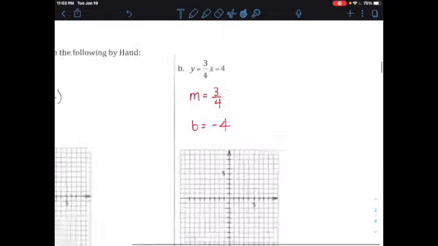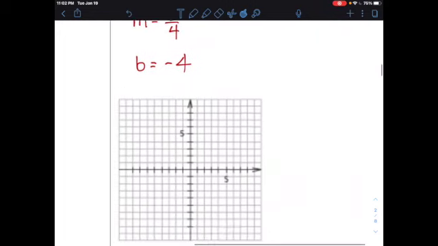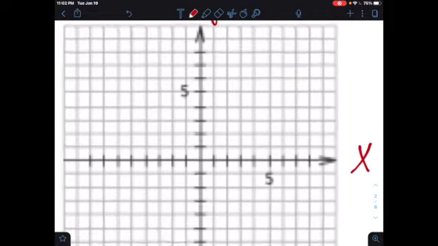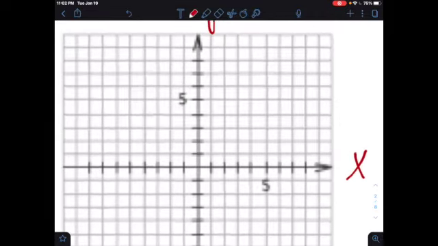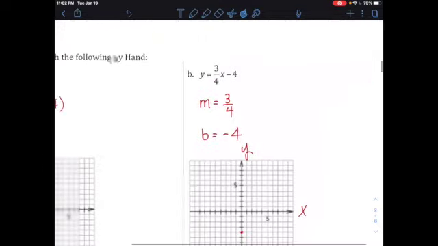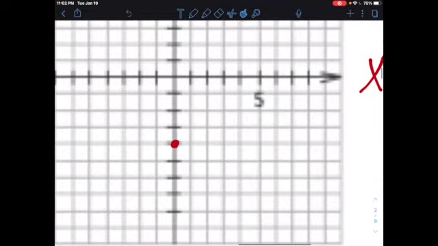And once you do that, you can pretty much say, hey, this is the x-axis, and that's the y-axis. And b, I like to tell everybody, b for beginning, that's where you start. That's at negative 4, 1, 2, 3, 4. And then up by 3, over to the right 4. 1, 2, 3, 1, 2, 3, 4 right here.